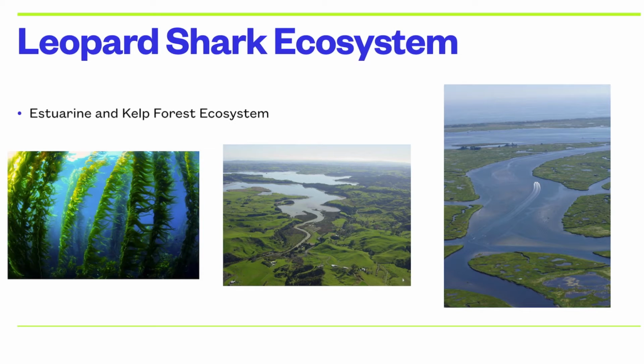The leopard shark lives in shallow waters of bays and estuaries and occasionally patrols the kelp forest, usually staying near the bottom. It is rarely found in water more than 65 feet deep, and is most commonly encountered in 20 feet of water or less.